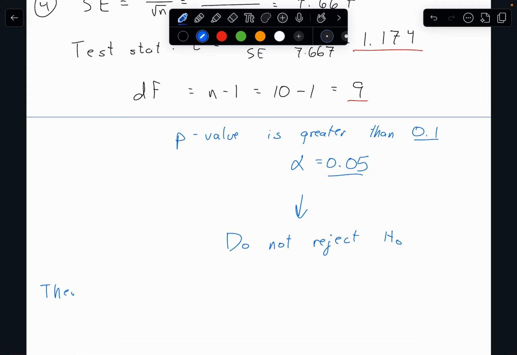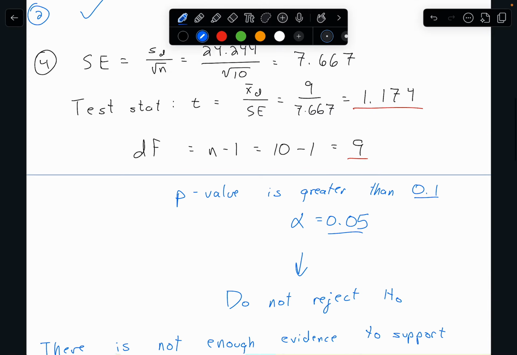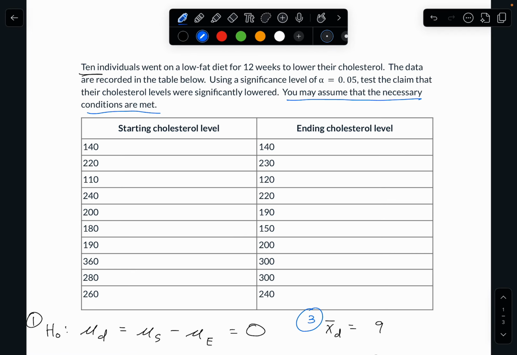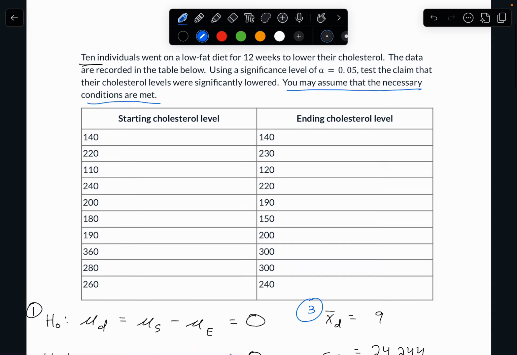So there is not enough evidence to support that. And I'm going to go back and look at the claim here so I can kind of mimic that language. It tests the claim that their cholesterol levels were significantly lowered. So there's not evidence to support that.